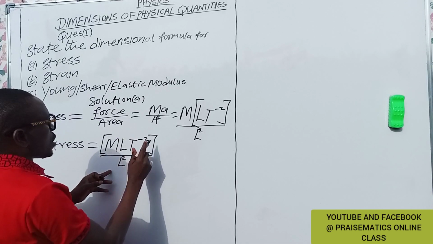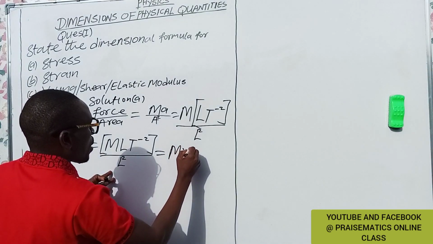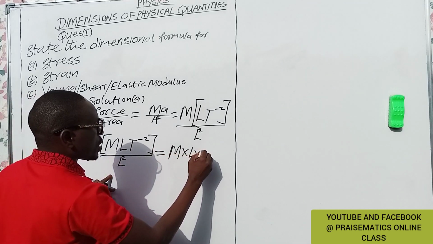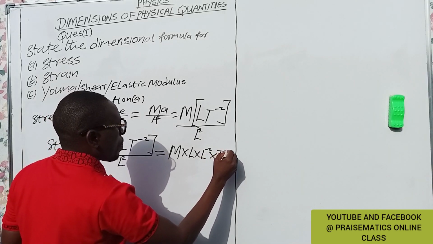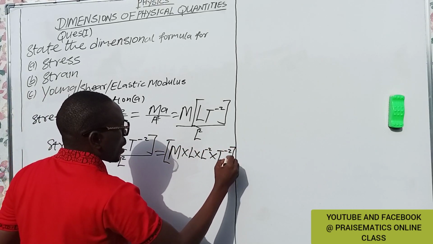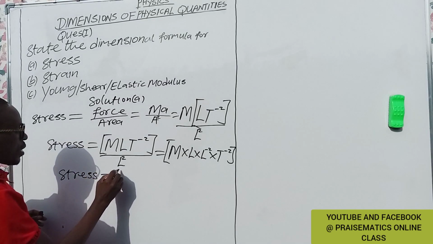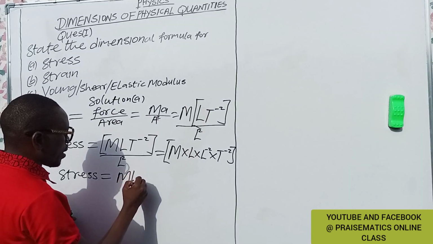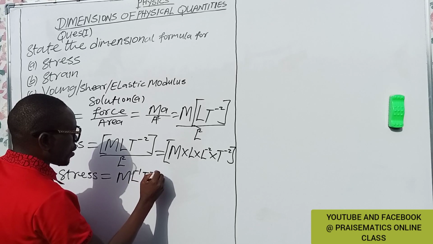Now, by law of indices, taking this up, we have M multiplied by L, and the positive sign will change to negative sign, which is minus 2, multiplied by t raised to power minus 2. So finally, the dimension of stress is equal to M, L raised to power minus 1, multiplied by t raised to power minus 2.